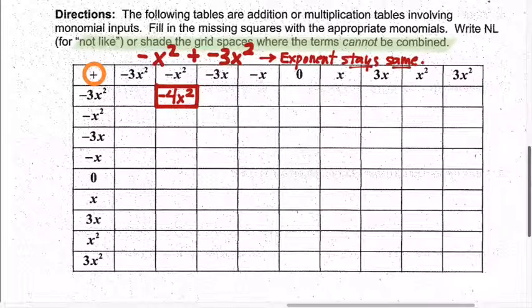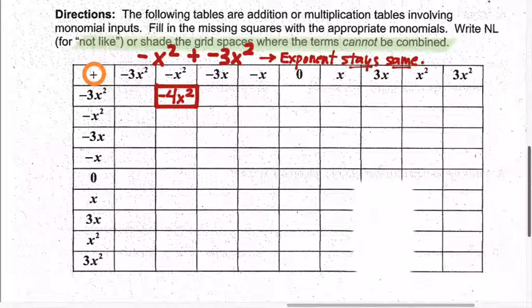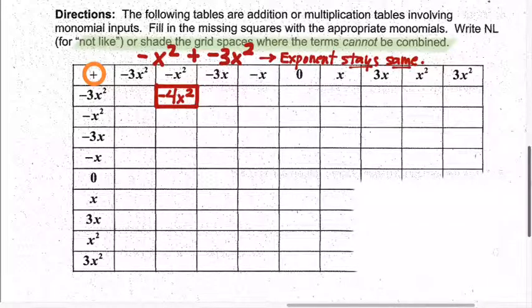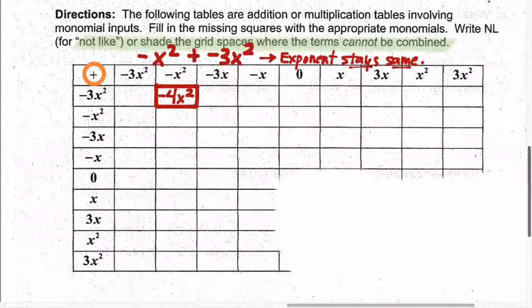And just to give you some rationale for why the exponent would stay the same when you add a couple of like term monomials together, one of the analogies that I like to use is to think of the variable x as being a number. Specifically, let's think of it for the moment as being the number 10. So if I have minus x squared, for example, then maybe instead of thinking of this as a variable expression, let's think of it instead, if we set x to be 10.